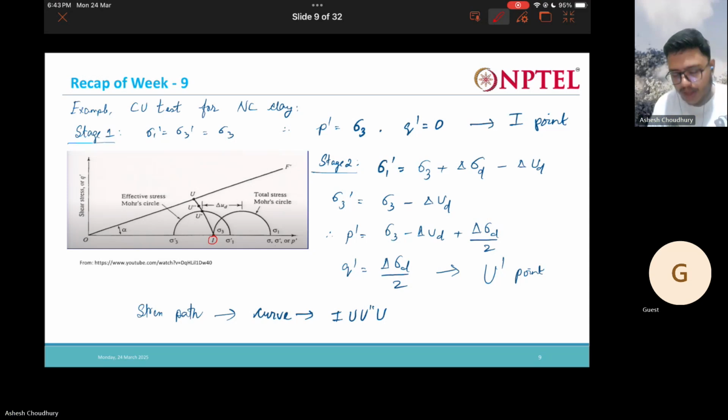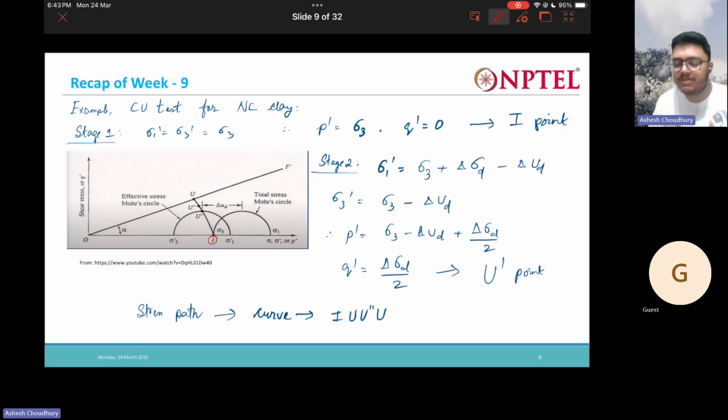In stage 2, you apply some deviatoric stress. So what will be my sigma 1? Sigma 1 is sigma 3 plus delta sigma d. Now sigma 1 prime is sigma 3 plus delta sigma d minus the pore water pressure, delta u_t.